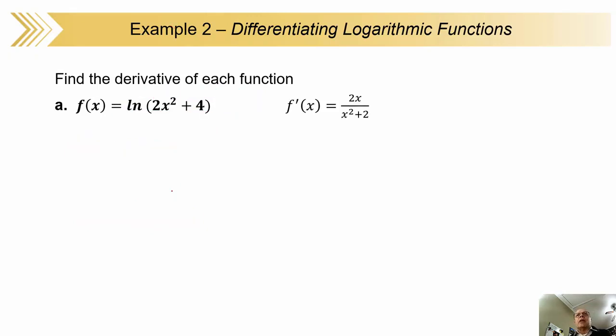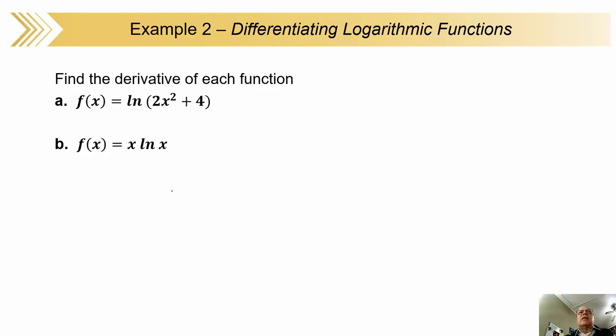Next, got the answer for that one right. Part 2. So we've got a new function. Notice we've got multiplication there. That means we use the product rule. So to get the derivative of that, we can take x times the derivative of natural logarithm of x plus the product rule, and reverse the roles.